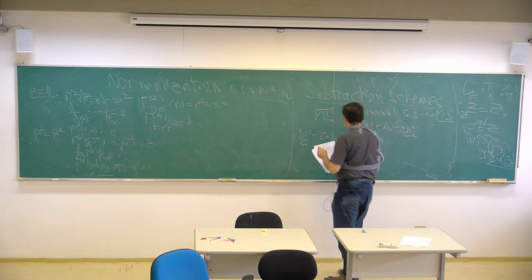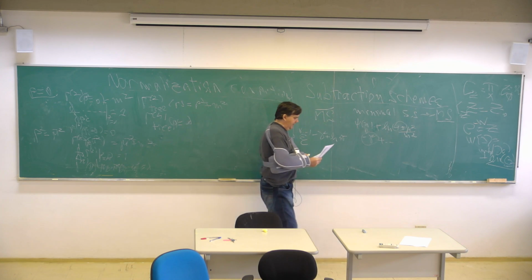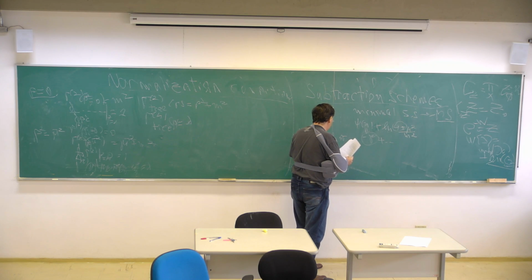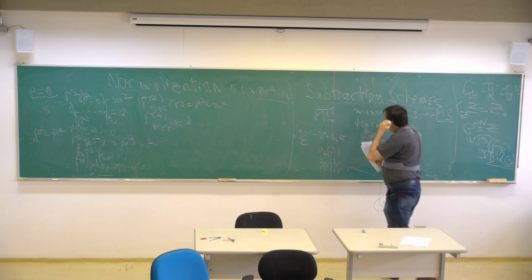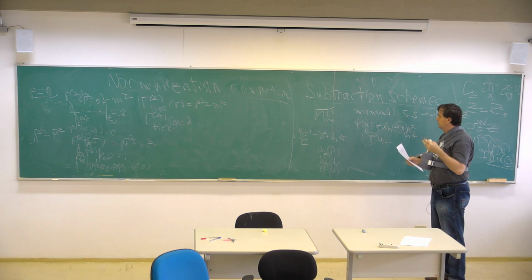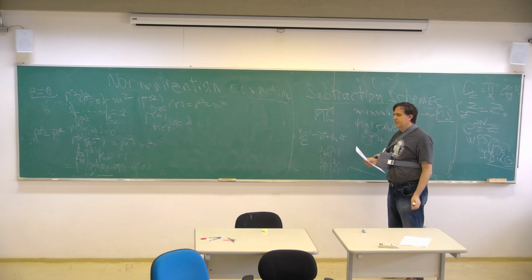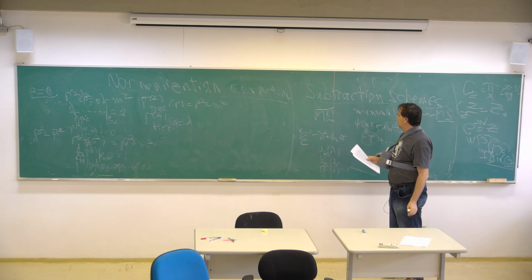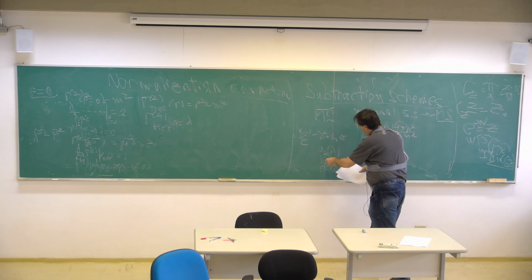And one more observation at the end of last lecture. I had said that there was this A_k of lambda, B_k of lambda, and C_k of lambda, which were the coefficients of the divergences in m, lambda and phi, at order 1 over epsilon to the k.